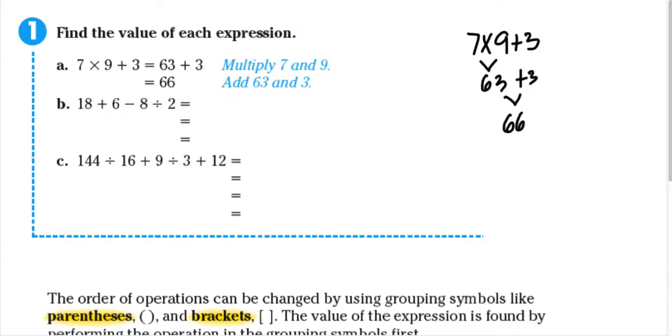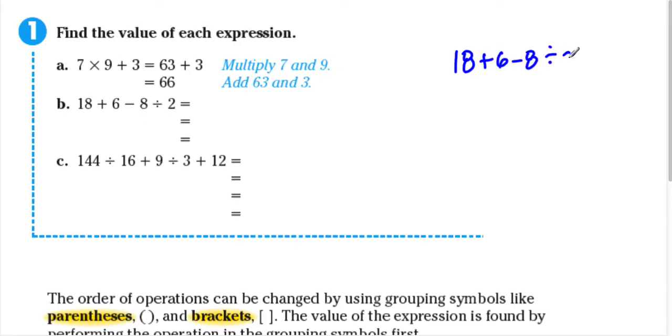In the same manner, you have 18 plus 6 minus 8 divided by 2. Let me write it down here. 18 plus 6 minus 8 divided by 2. Using our arrows and the order of operations, My Dear Aunt Sally, we need to use division first, because division comes before addition or subtraction.